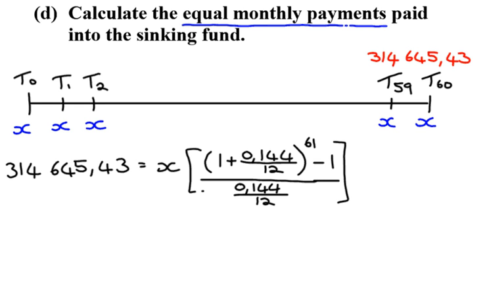Let your calculator do all the hard work, and you should land up with monthly payments of 3,528 Rand and 9 cents. That's how much you would have to put away, or the school would have to put away every month for 5 years in order to replace the photocopy machine with a new one, provided that they sell the old one at its predicted scrap value.